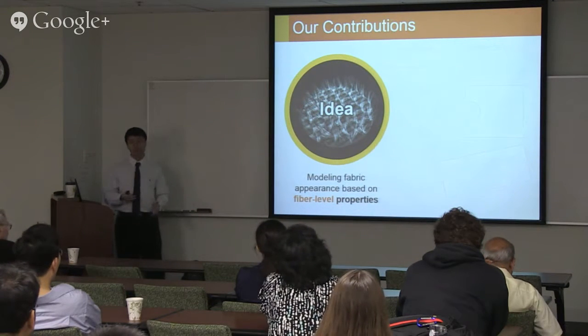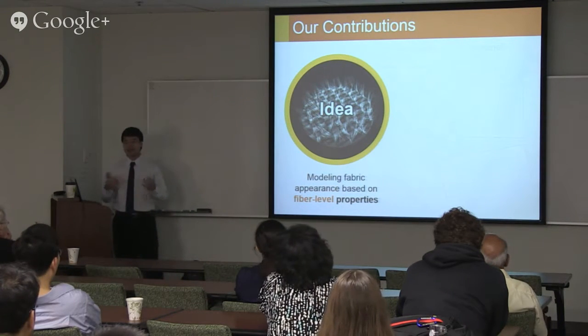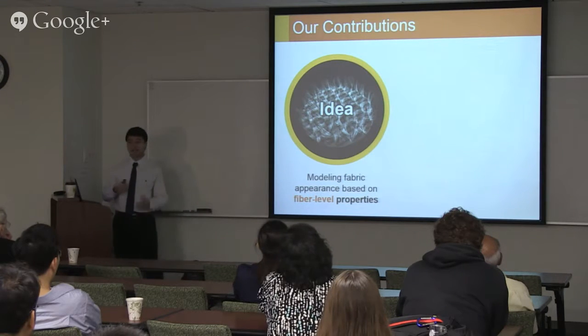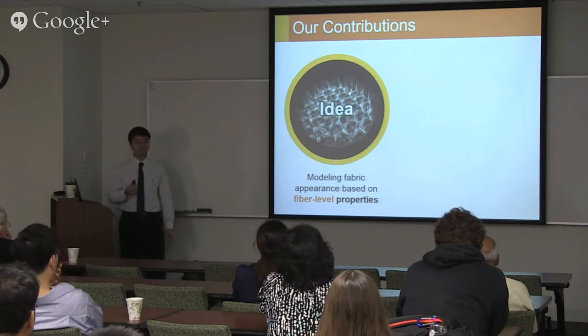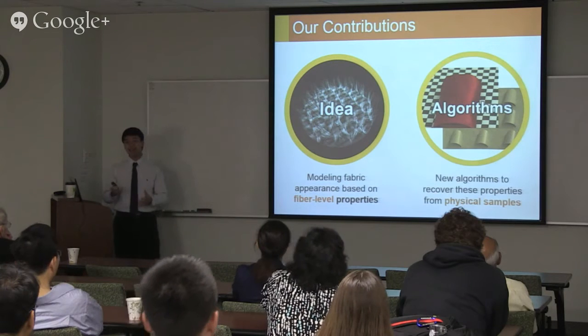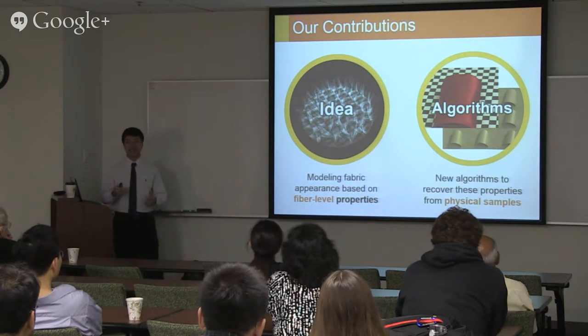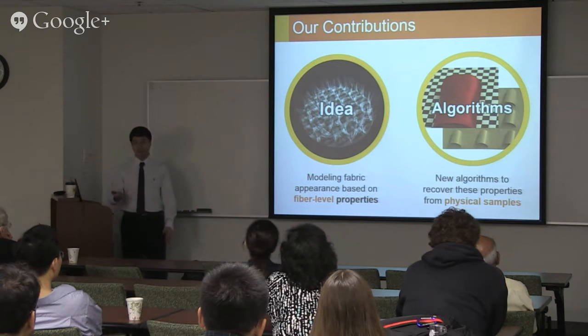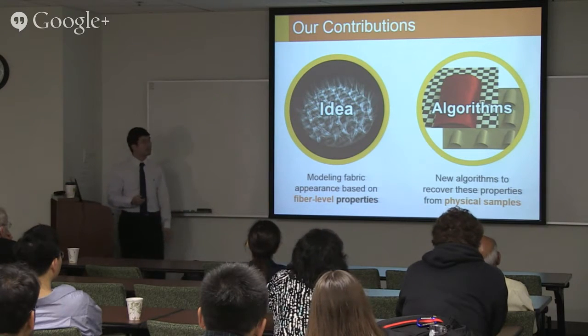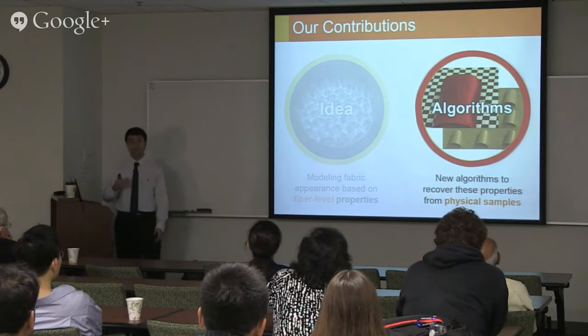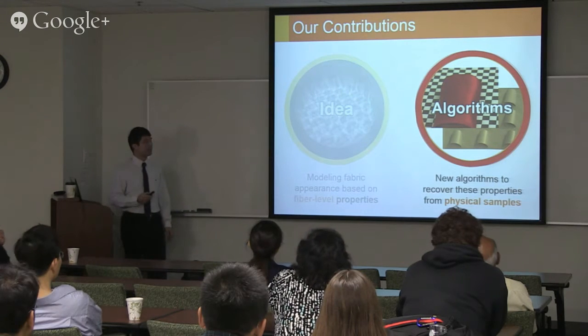So our contributions include the idea of modeling fabric appearance based on their fiber level properties. To realize this idea, we developed new algorithms to recover such properties and turn them into full appearance models. Next, let me give more details on these algorithms.